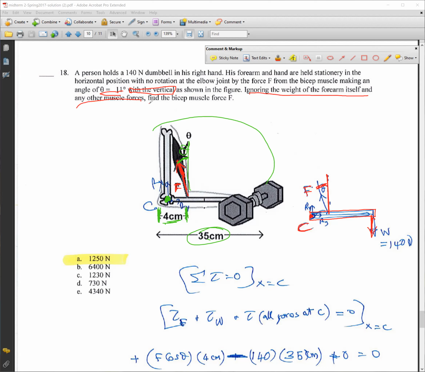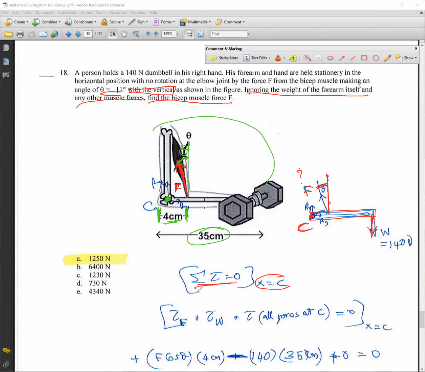And we're asking you to find the bicep muscle force. So my unknown is this force from the biceps to balance the system. So the starting point will be net torque equal to 0 around the elbow. So the axis of rotation is around the elbow.